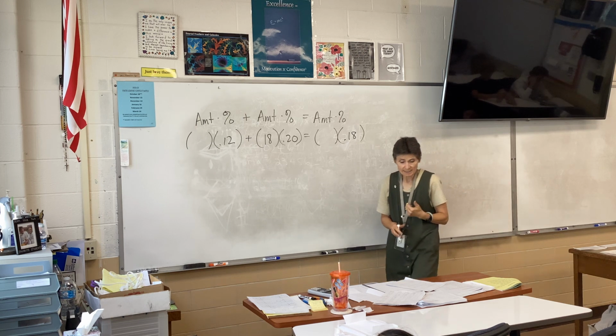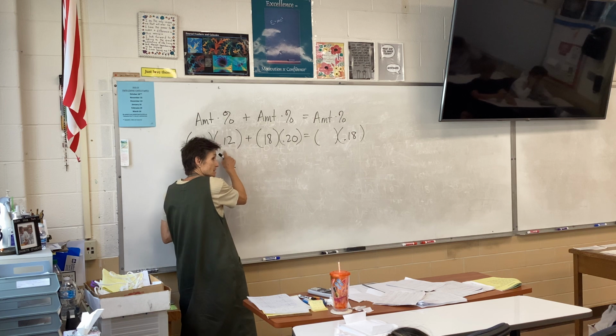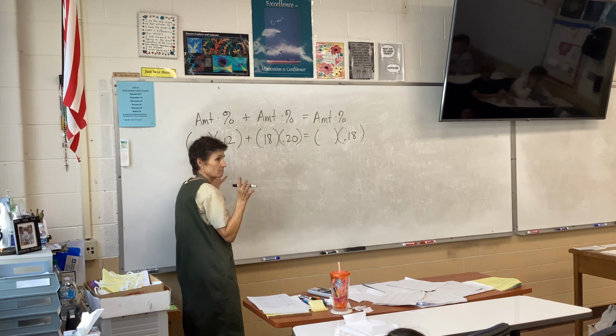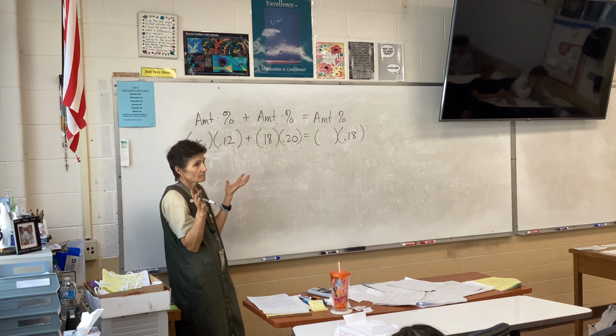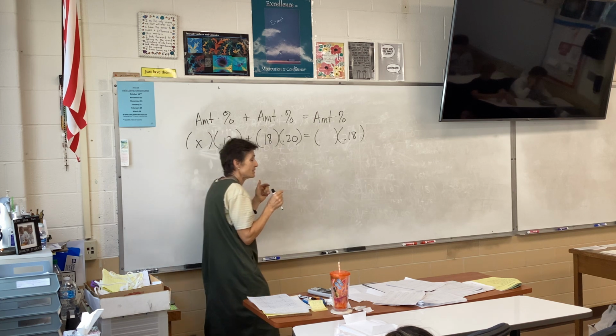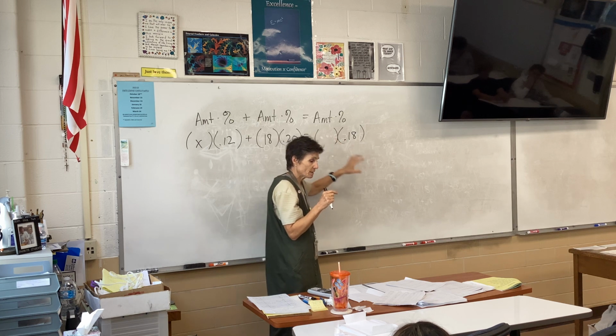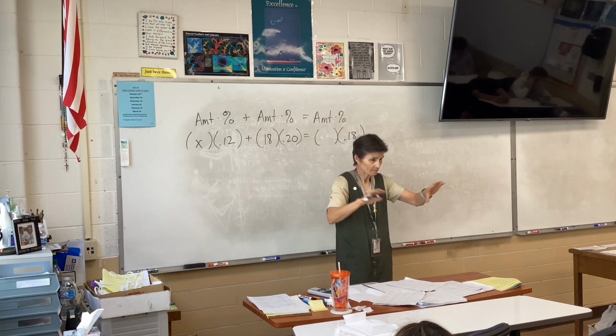The question says, how much of this? So I'm gonna call that X. And now I just need to figure out what I'm gonna put here. And I want you to think about that for a second. Here's my bucket.